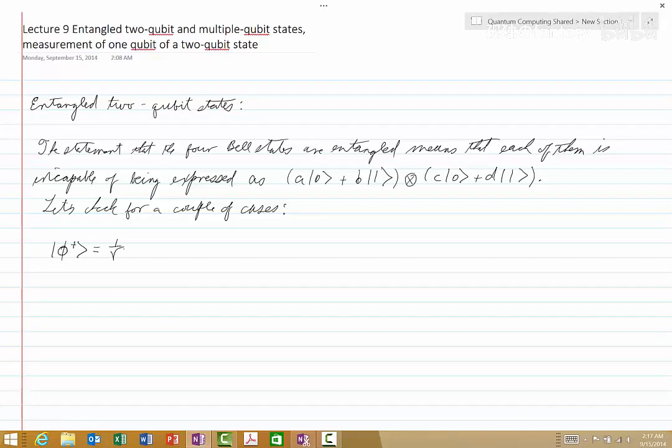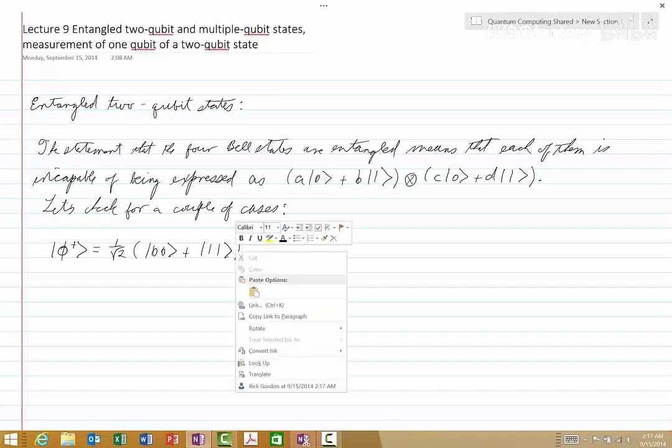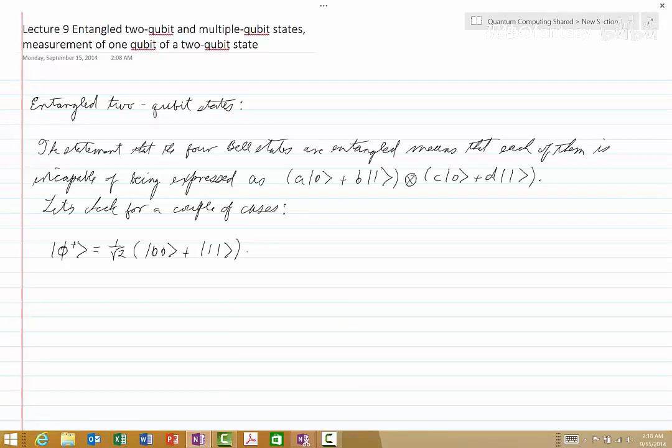Now that is equal to 1 over square root of 2 times (|00> + |11>). And we're going to try to express it now as (A|0> + B|1>) tensor product with (C|0> + D|1>).